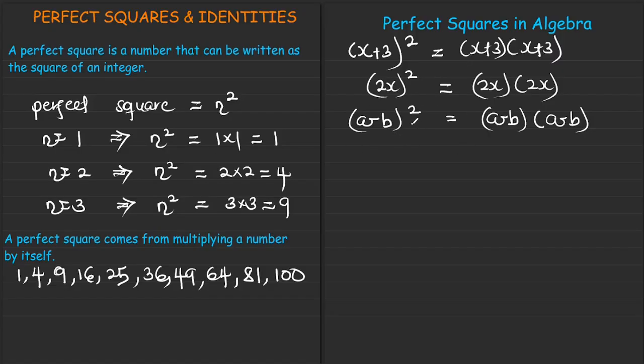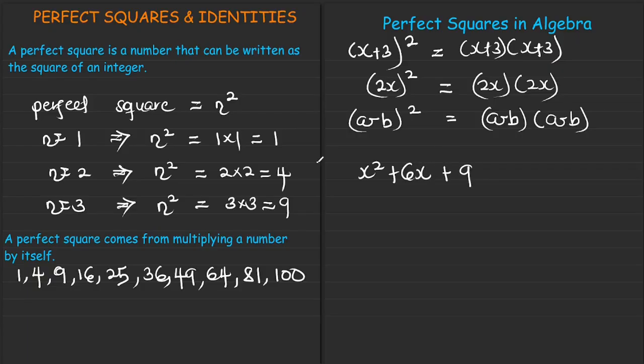So how do we identify if a quadratic expression is a perfect square? A quadratic expression is a perfect square if and only if, when it is factorized, the two factors you get are the same. So for instance, we have here x squared plus 6x plus 9.